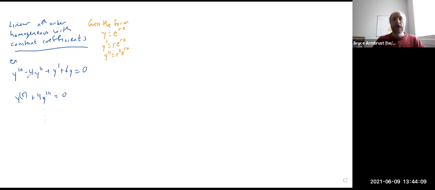If we go higher order, we do the same thing: a third derivative is r cubed e to the rx, a fourth derivative is r to the fourth e to the rx, and so on down the line. It's going to do exactly the same thing.